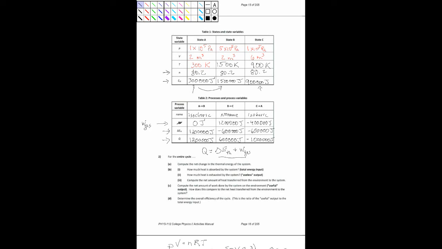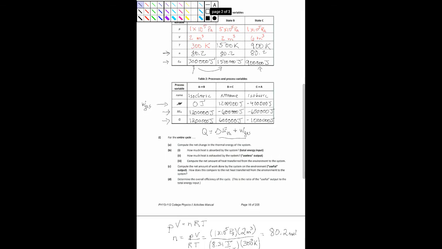Let's look at the next part of this activity. So part 2. And now we're going to look at the entire cycle. So in part A, we're asked to compute the net change in the thermal energy of the system. So to get this, all we do is we add the third line here of table 2.